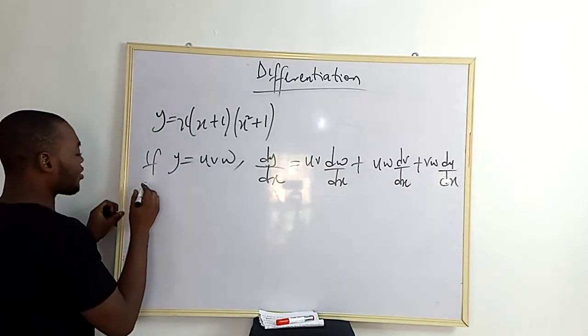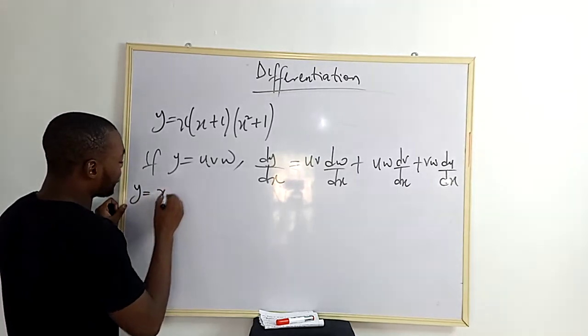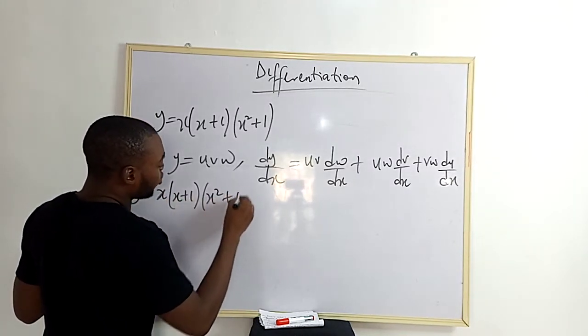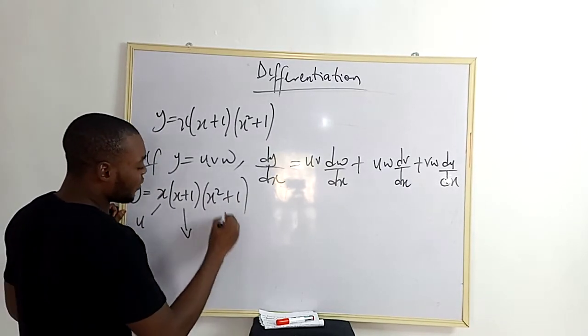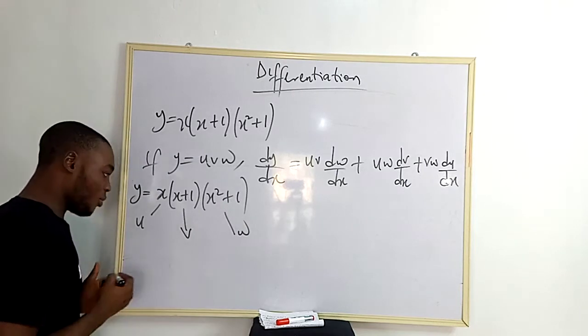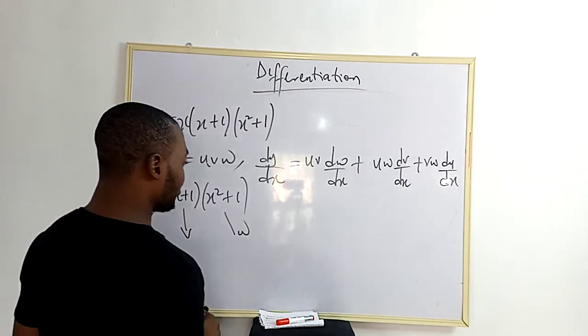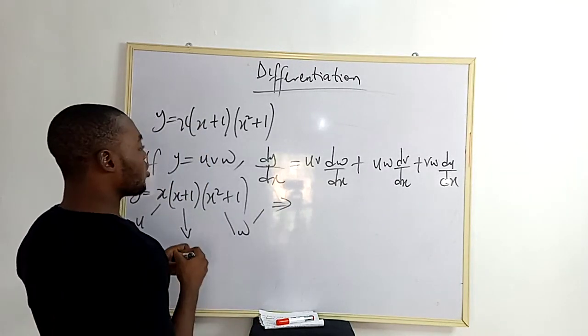So in this case now we have y equals x into bracket x plus 1, x squared plus 1. So our x is the u, x plus 1 is the v, x squared plus 1 is the w. So now we're going to differentiate this. So it implies that we have uv.